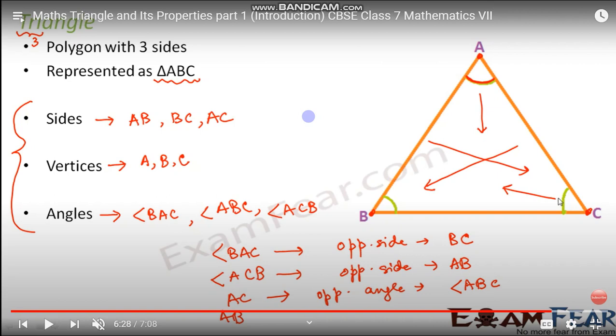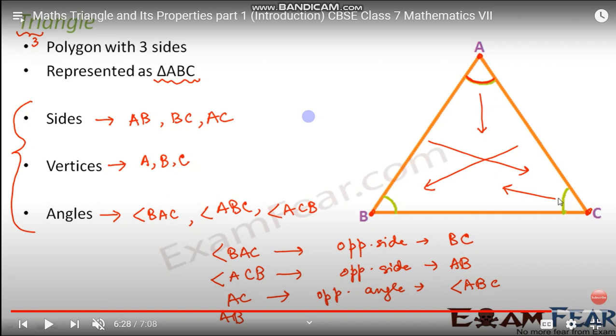For example, you write the triangle ABC, where AB, BC, AC are the sides, and the vertices are A, B and C. The angles are angle BAC, angle ABC, angle ACB. Angle BAC is opposite to line segment BC, angle ACB is opposite to line segment AB, and line segment AC is opposite to angle ABC. These are some of the basics of a triangle.